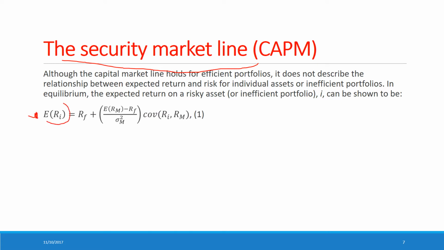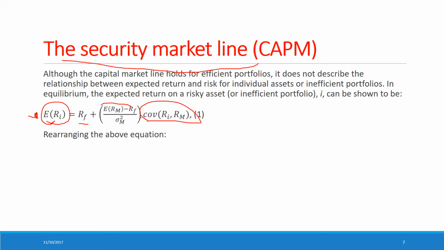So on the left hand side, we are trying to estimate individual asset returns, and this is given by the risk-free rate plus the ratio of excess market return to market variance times the covariance between the individual asset returns and the market returns, right?